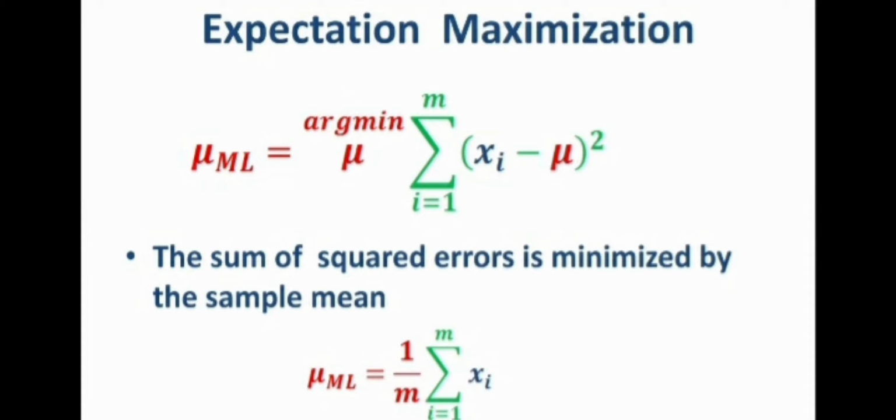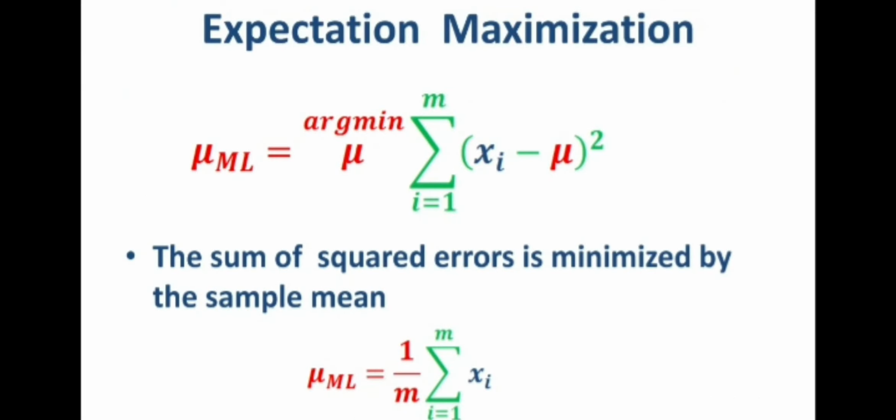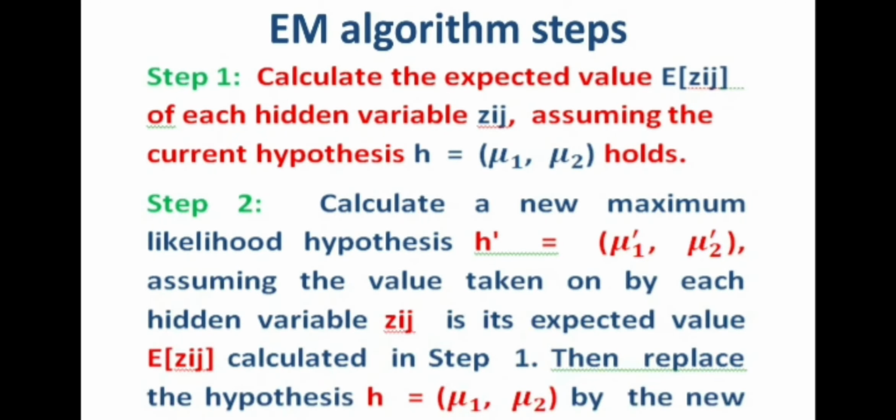many unsupervised clustering algorithms. Now in this representation the formula is taken as mu, where the mean value will be considered: mu equals argmin of the summation of (x_i minus mu) whole squared. We follow 2 steps for the EM algorithm.